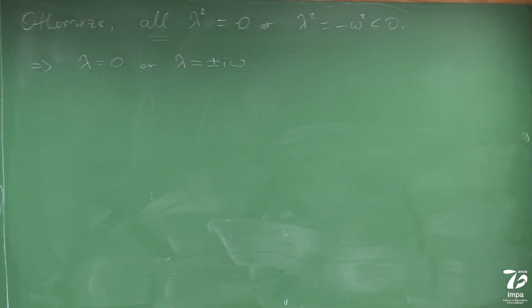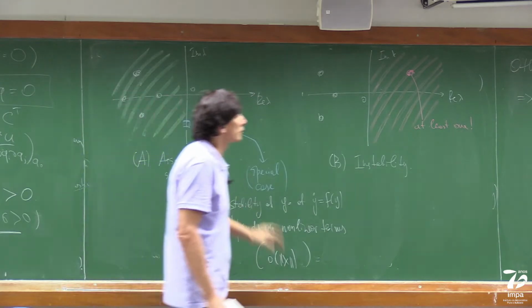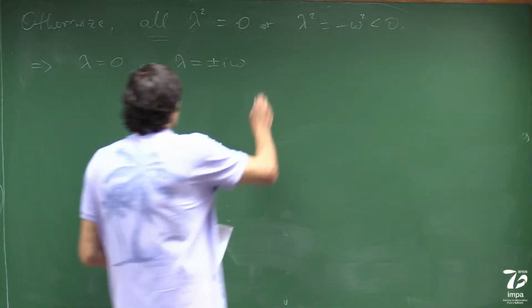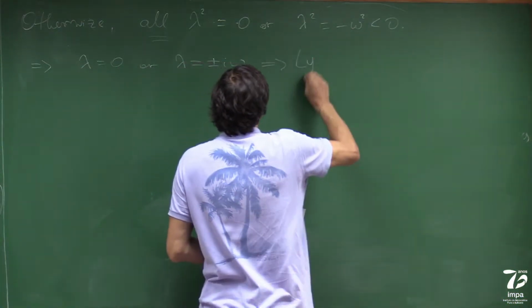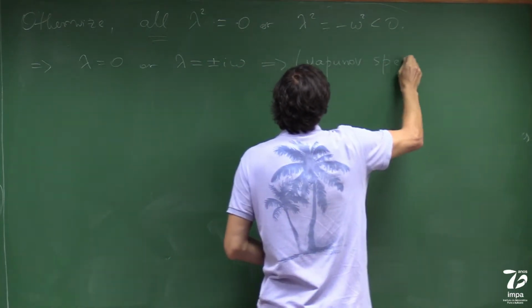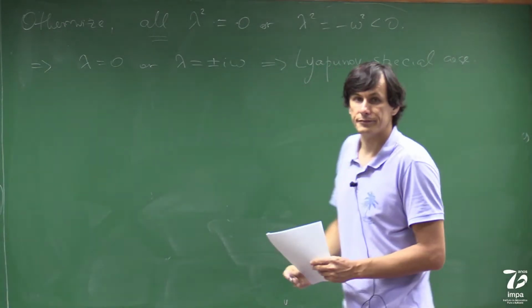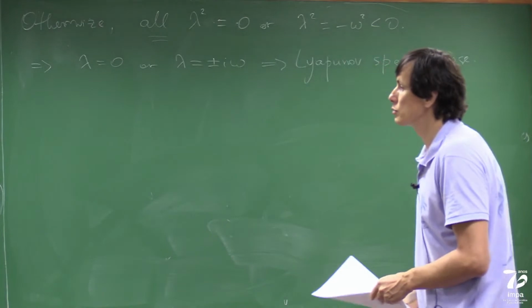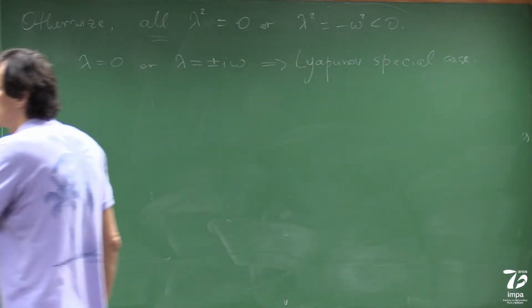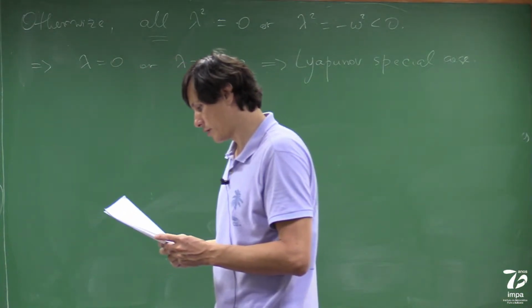So we are in a special case. So all eigenvalues stay on the imaginary axis, so we have a special Lyapunov case. So that's bad. You see that all conservative cases are not covered by Lyapunov theorem. And we need to study this system separately. And this is what we do.